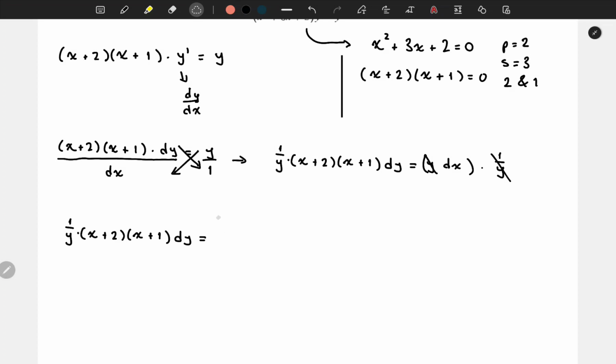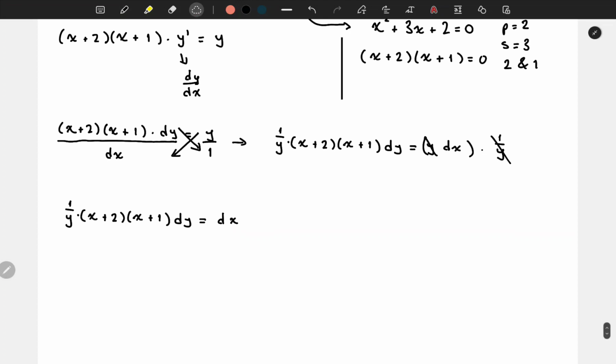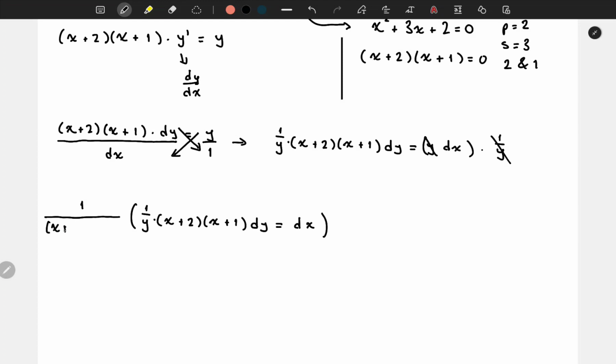So let's make this more clear. This is what we have. And now what we want to do is move this right here to the dx side. So we can multiply both sides by 1 over x plus 2 times x plus 1.